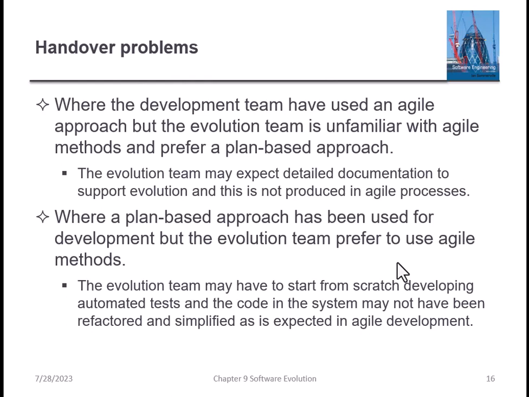Handover problems: where the development team has used an agile approach but the evolution team is unfamiliar with the agile method and prefers a plan-based approach. The evolution team may expect detailed documentation to support evolution, and this is not produced in agile.